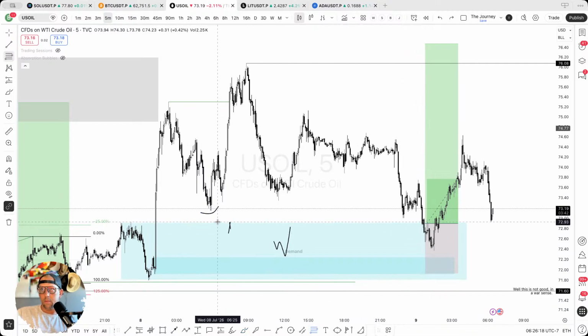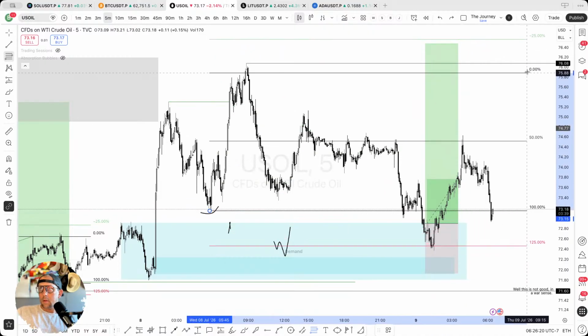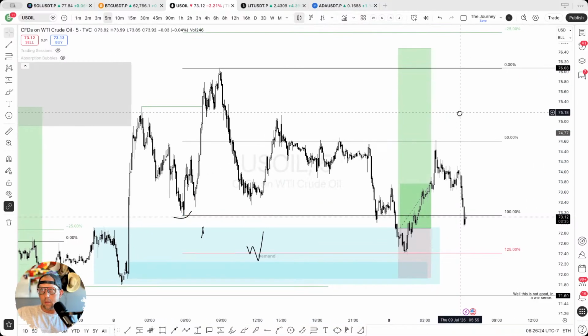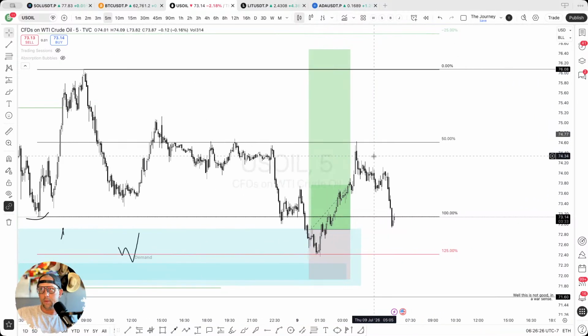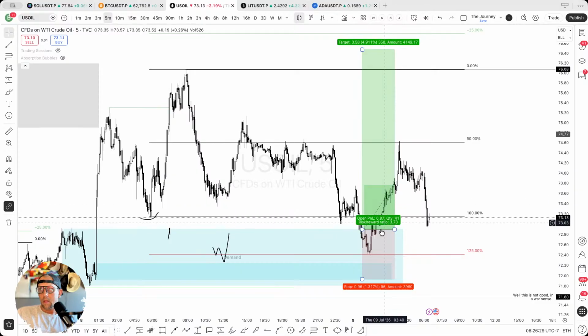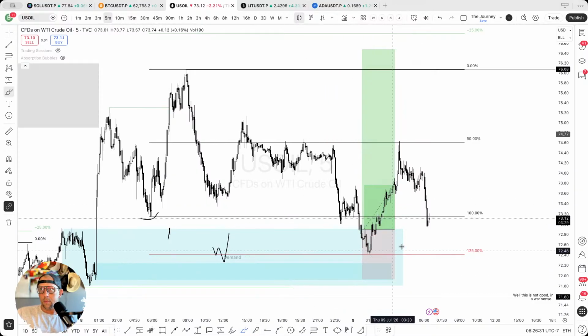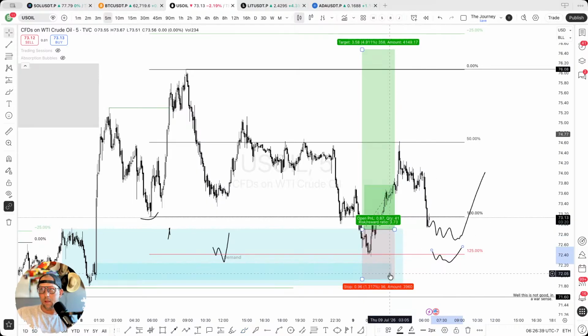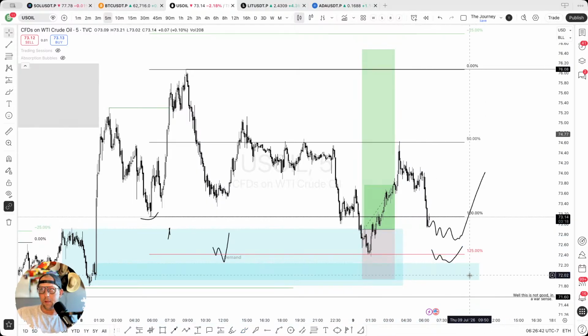We do have something that looks slightly deviatory, I'll make up my own words. So yeah, I'm happy to look for a long on open over here, but I think it'd be cooler to take this low out and crack this piece of demand right underneath it.